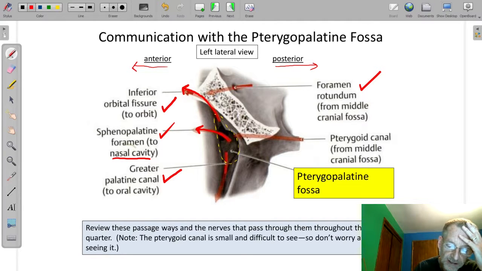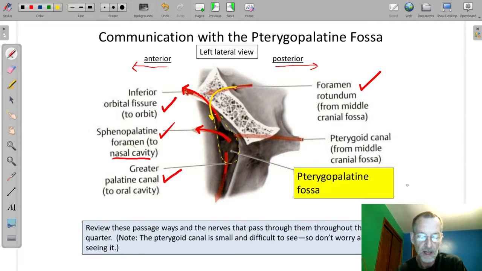And there's a passageway through that foramen rotundum into the pterygopalatine fossa again. There is an important nerve that goes through that. And then there is also the pterygoid canal, which we won't spend a lot of time on, but it also communicates with the pterygopalatine fossa. And I believe that's the last slide for this set.